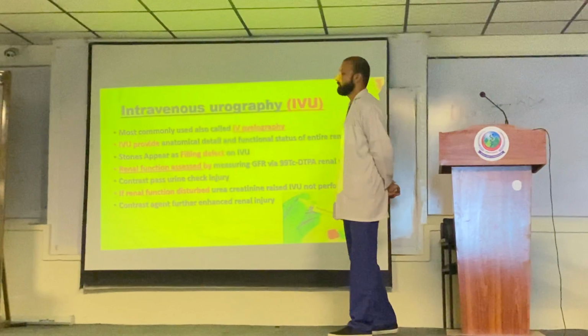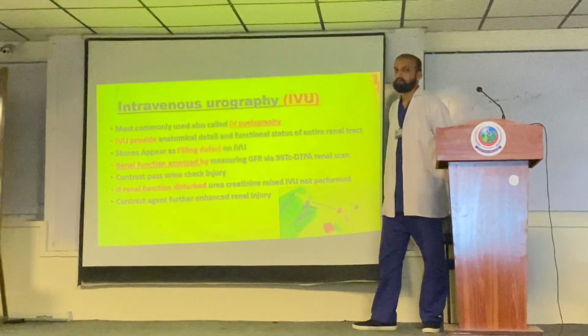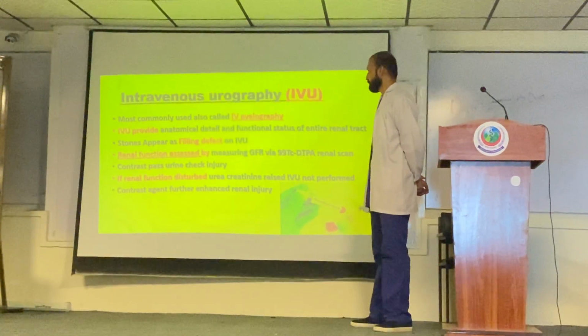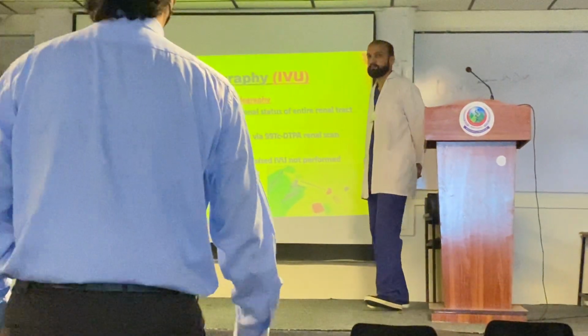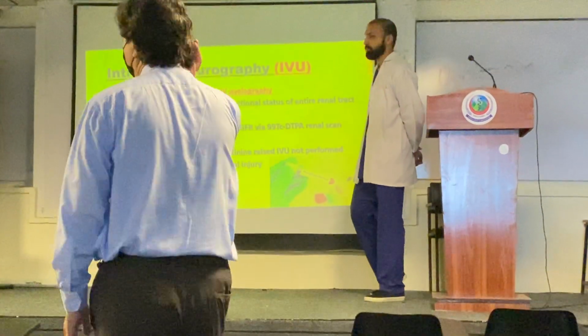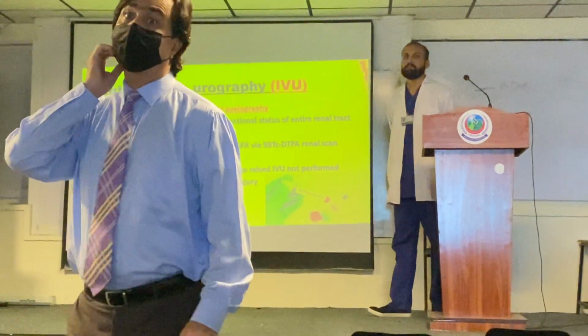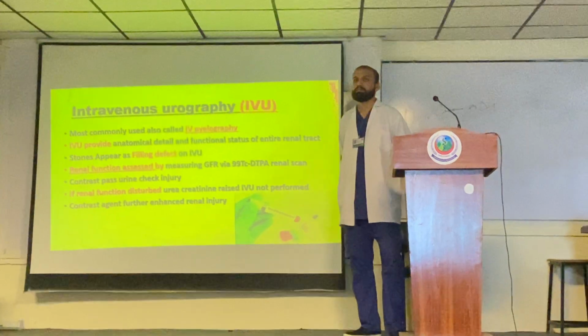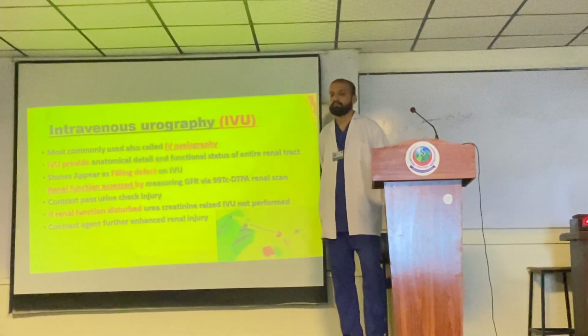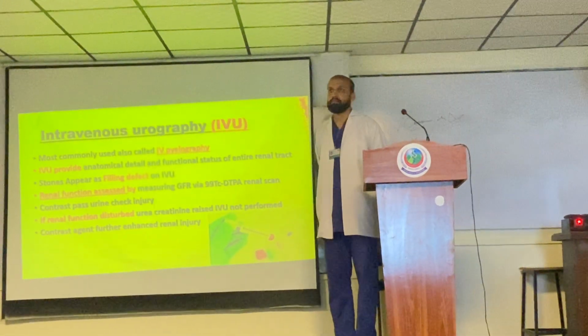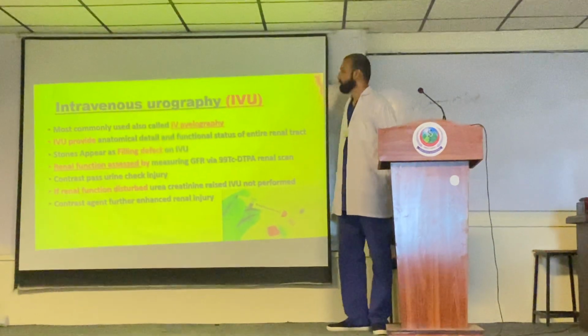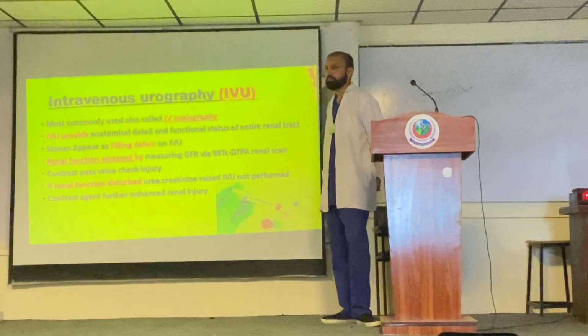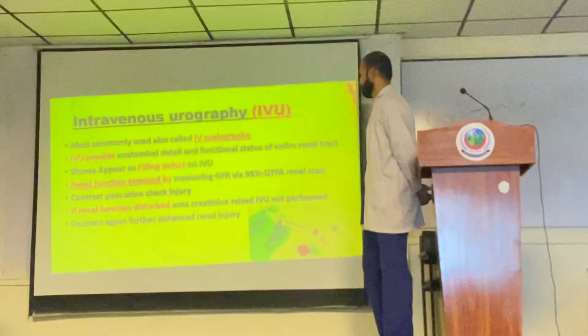You want to look at whether the kidney is functioning or not, because these stones usually damage the kidney and patients present with renal failure or a non-functional kidney. So we want to look at the function of the kidney. X-ray KUB and ultrasound will only tell us the presence or absence of the stone, but will not tell us whether the kidney is secreting urine or not. So in order to look for that, we use intravenous urography.